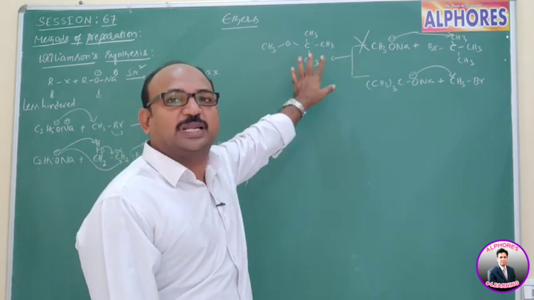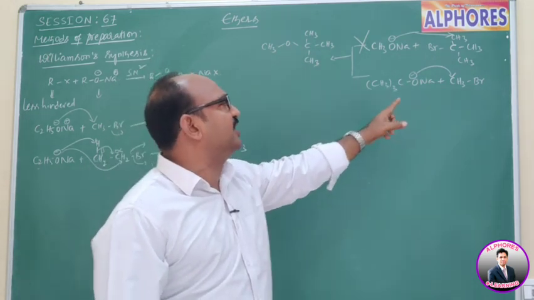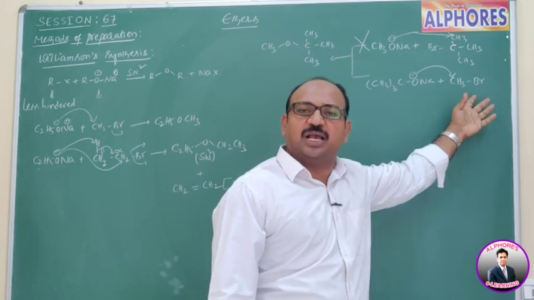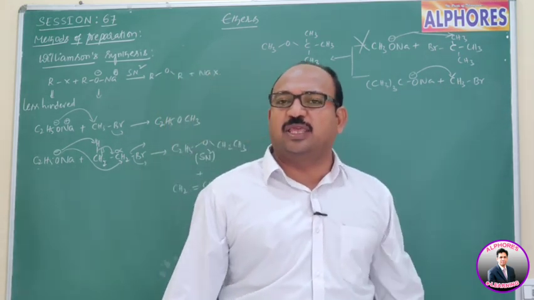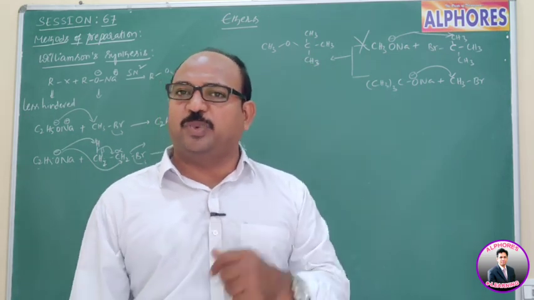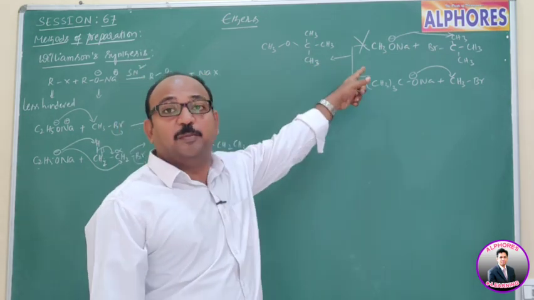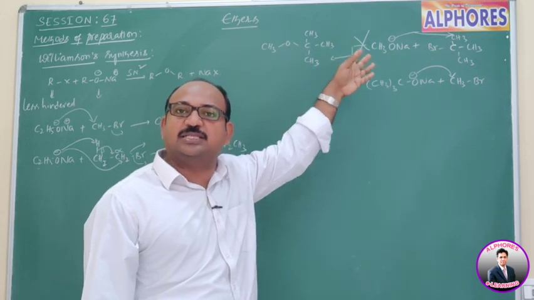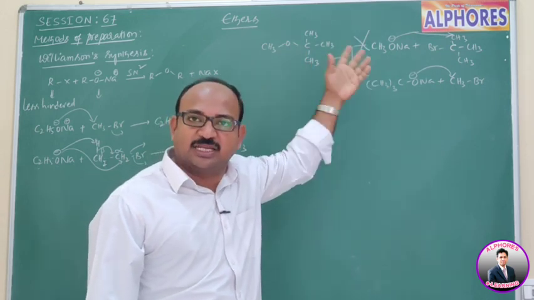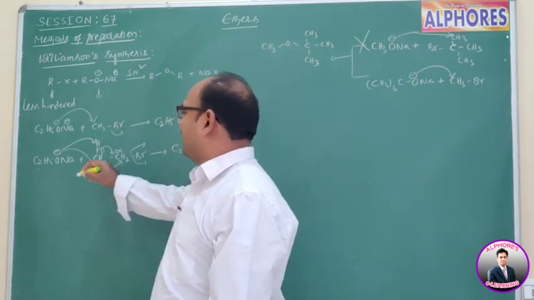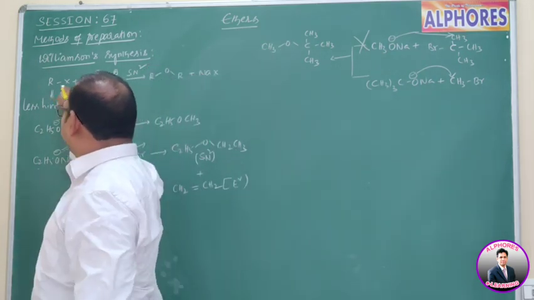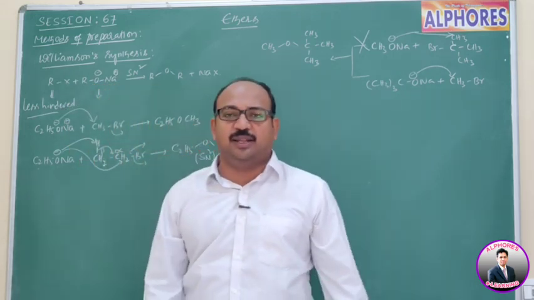We can get this product as the major product, and here there is no scope for elimination because the beta carbon is also not there. Since the beta carbon is not there, we cannot predict an elimination product. In the first case, the major product is elimination, and elimination comes because of more hindrance. That's why in the beginning I mentioned that the alkyl halide must be less hindered.